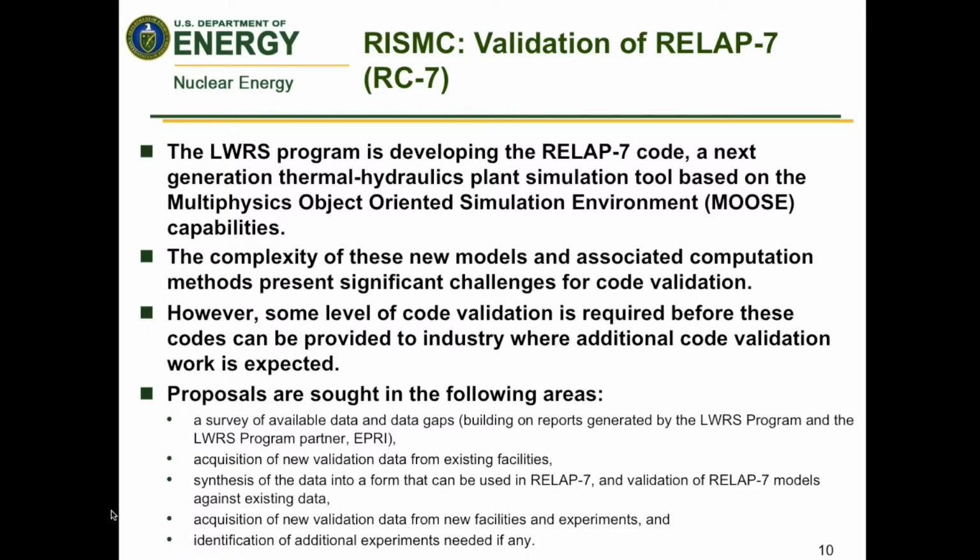Yeah, I think we're encouraging use of existing data as much as possible. We do mention in the call that if new experiments are needed and can be funded within the time and scope, then that could be part of the proposal. I wouldn't rule out a small-scale facility being built and used as part of the proposal if that made sense. But the proposal is certainly not envisioning a large-scale experimental program.